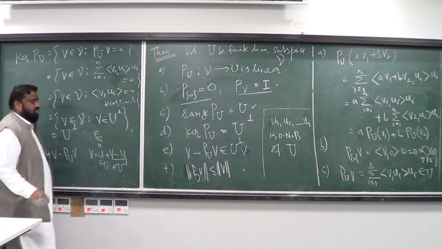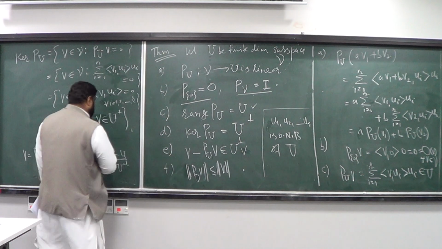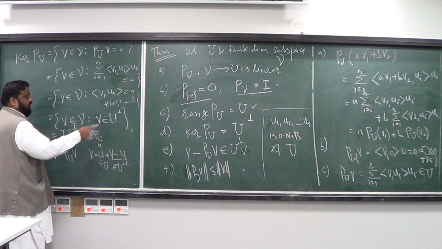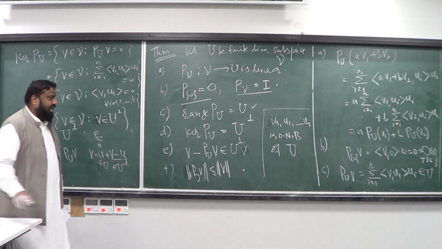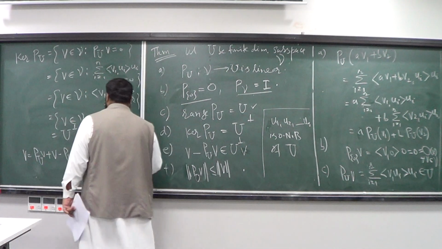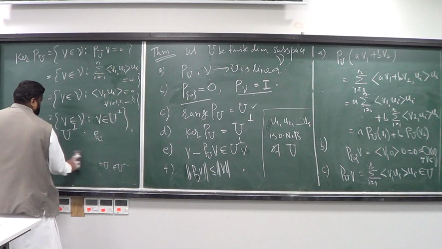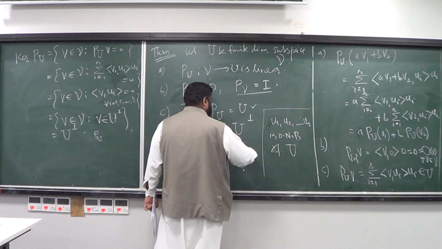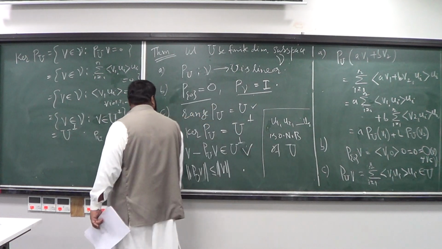So v minus the orthogonal projection of v onto U belongs to U perp. This is really evident. It is basic, not difficult. You can check it for yourself.